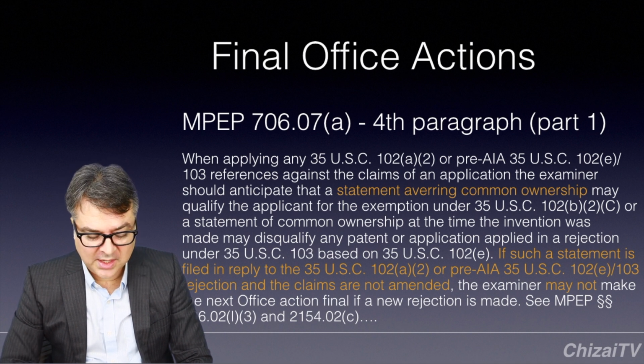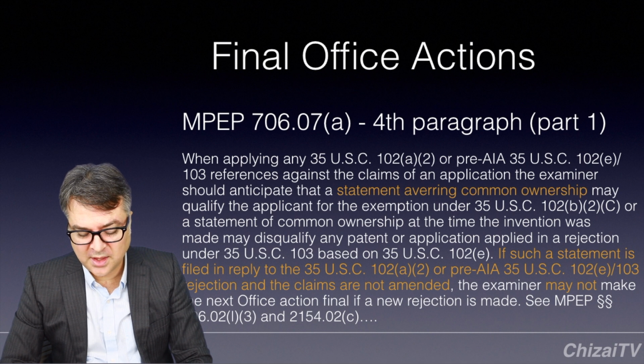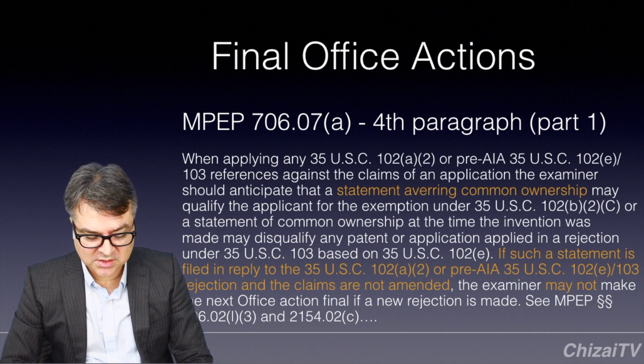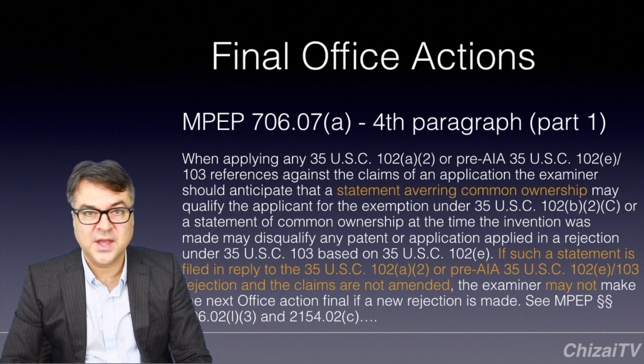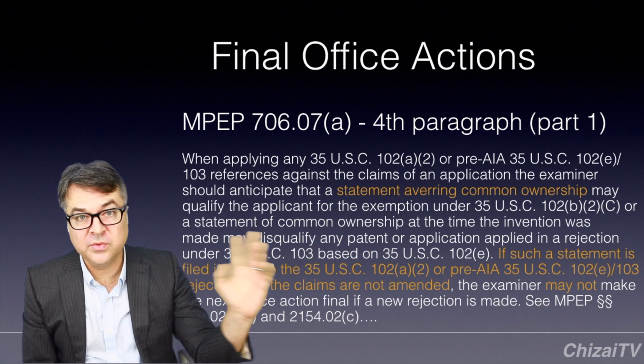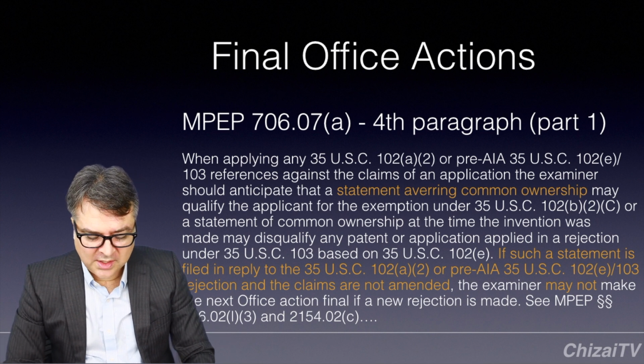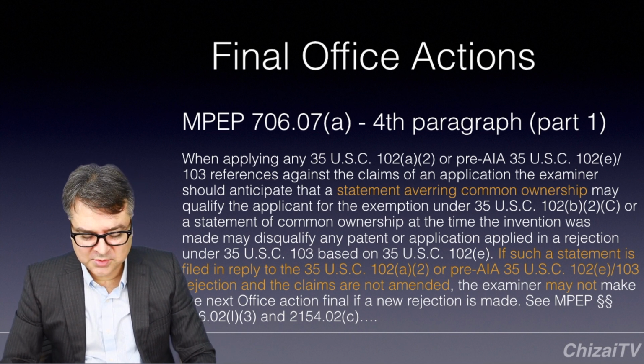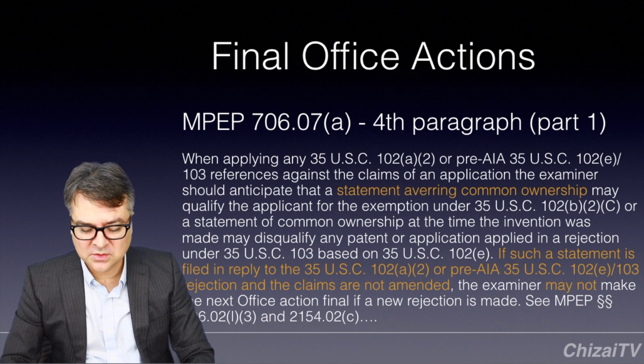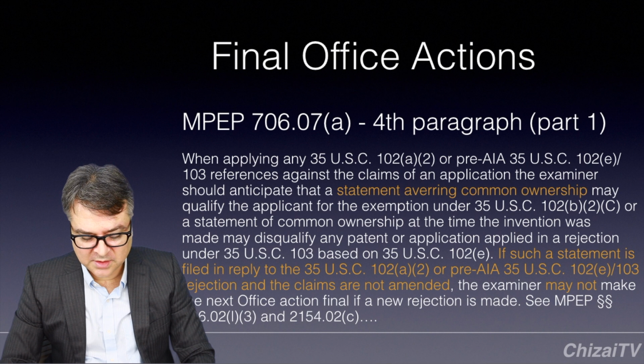So when applying any 35 USC 102(a)(2) or pre-AIA 35 USC 102(e)/103 references against the claims of an application, the examiner should anticipate that a statement of common ownership, that's the statement the applicant files saying, hey, I own that prior art also, so you can't use it against this application, may qualify the applicant for the exemption under 35 USC 102(b)(2)(C), that's AIA, or a statement of common ownership at the time the invention was made may disqualify any patent or application in a rejection under 35 USC 103 that is based on 102(e).